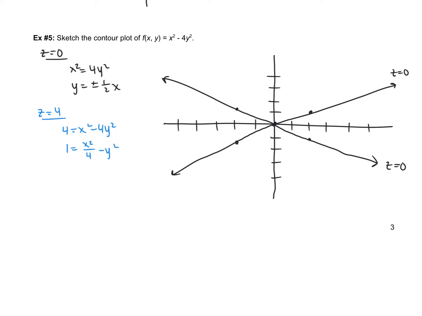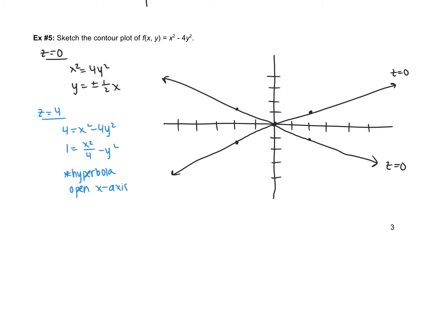So the question here is, what does that look like? This is a throwback to something you hopefully saw in Algebra 2. This is going to be a hyperbola. Here's what we know about this hyperbola. First thing we know is that because it starts with x, it's going to open on the x-axis.